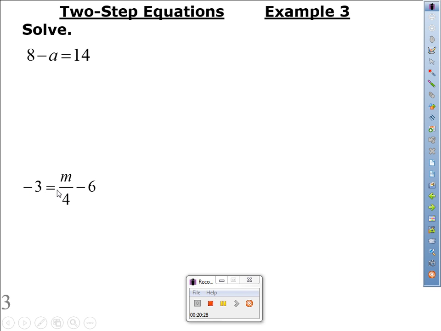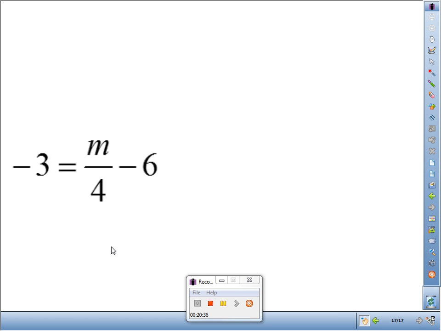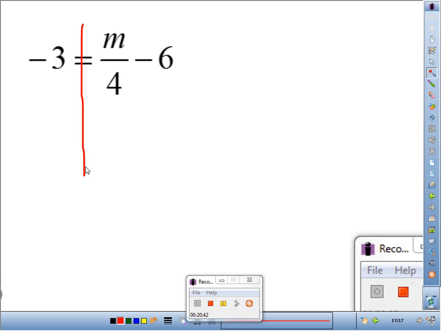Negative 3 equals m over 4 minus 6. Let's do this one together. Line down the equal sign. Where's the variable at? On the right side. Let's identify the operations. What operation's happening here? It's a fraction, which means what operation? Division and subtraction. So where are we going to start? With subtraction.